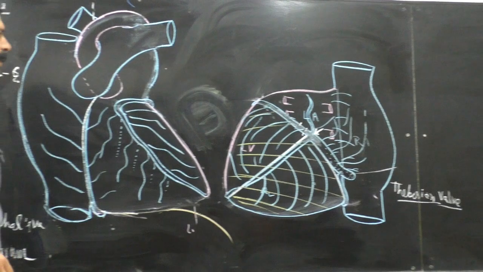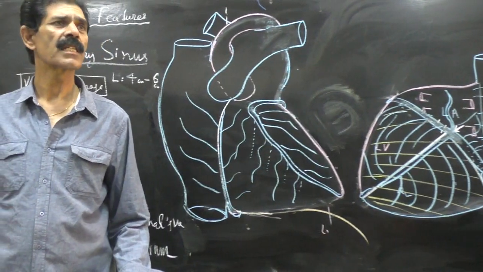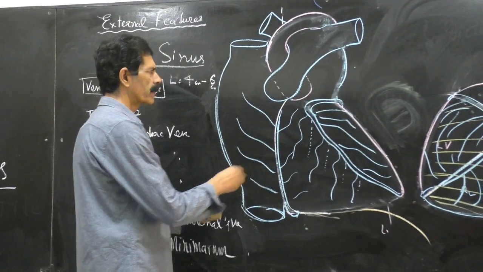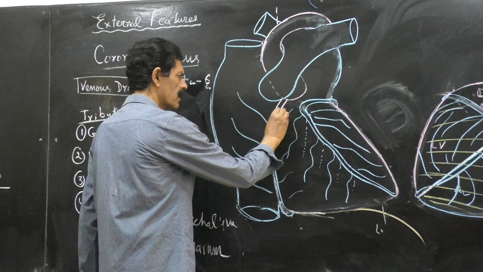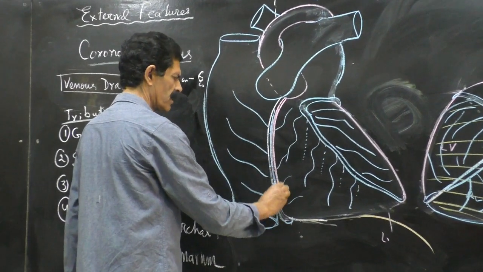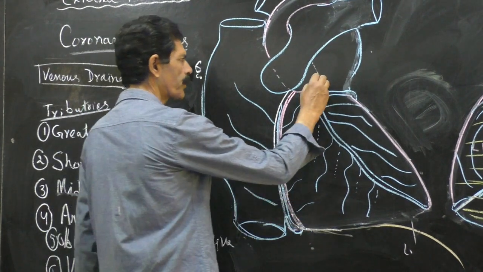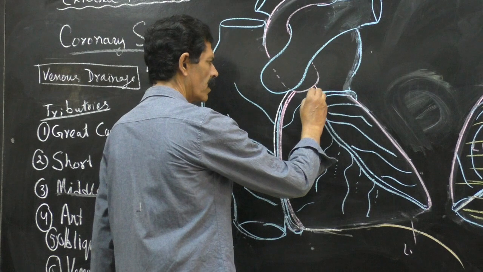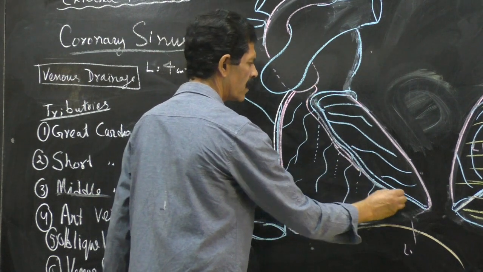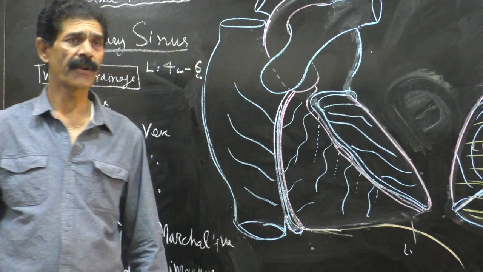So that is how we do the venous drainage of the heart or the coronary sinus. These veins run almost with the coronary arteries in the subepicardial space, the same space where they run. Because of the close proximity, these veins often communicate with the arteries.